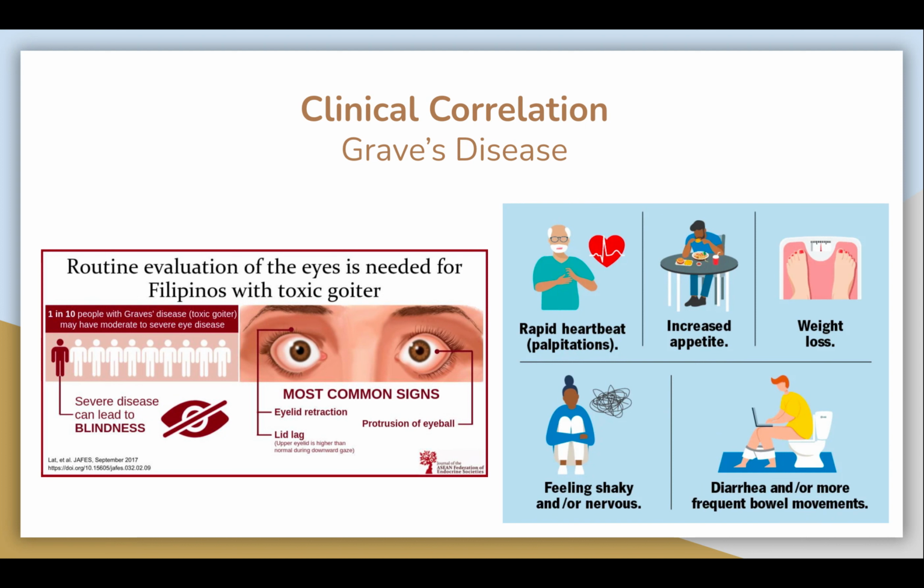Okay, so I just want to share one of our patients in the past, who manifested with diarrhea. On examination, there was tachycardia and palpitations, and the protrusion of the eyeballs, exophthalmos, which eventually led us to the diagnosis of Graves' disease in that patient.